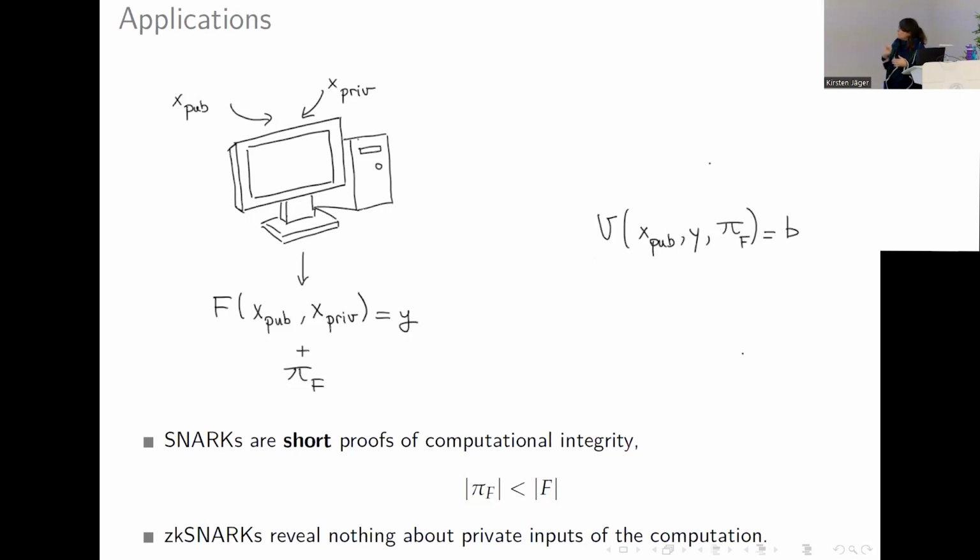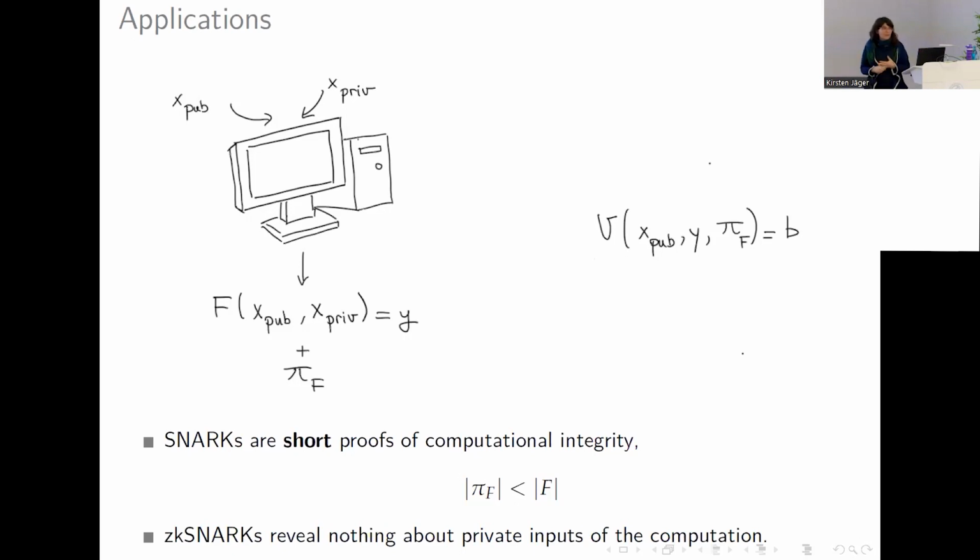What we want is that somehow the size of the proof is less than the size of the computation. And this is why SNARKs are so powerful: they give you short proofs of computational integrity. They allow you to prove that the computation is correct and verify this in a time that is much shorter than actually rerunning the computation.